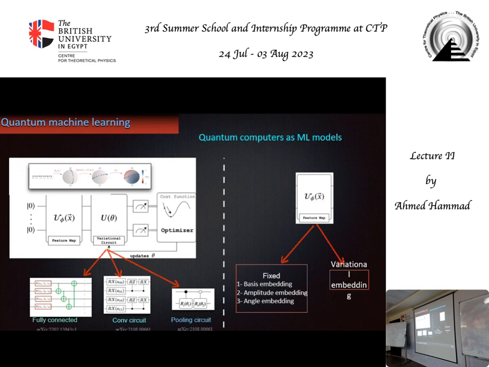To do so, these free parameters play the main role. Every time we try to tune, update and optimize the values of these parameters such that the output or the measurements from the quantum circuit can approximately fit the required function.